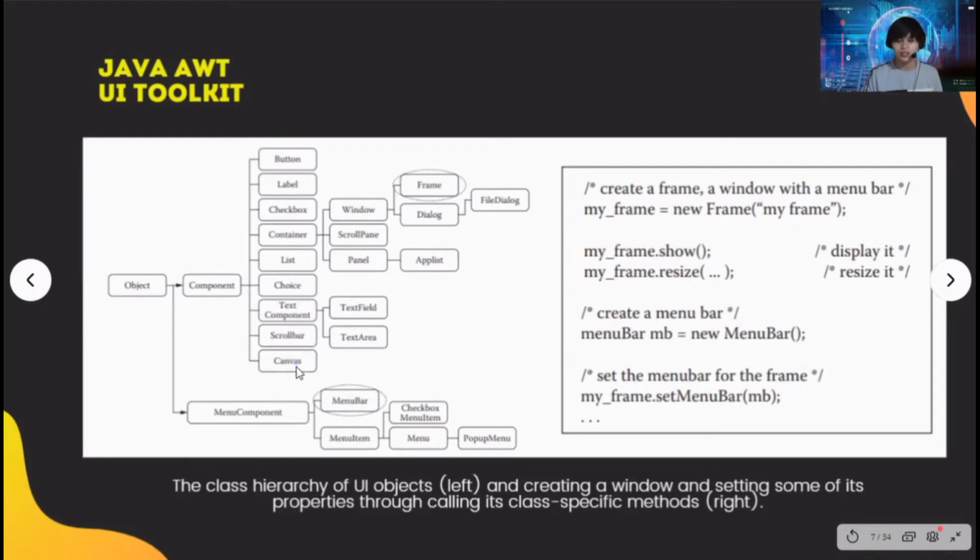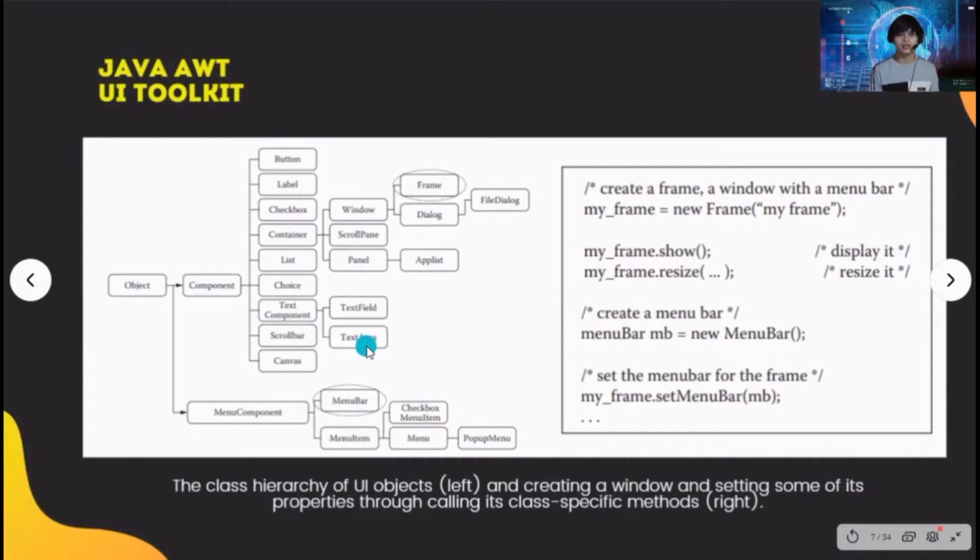Just imagine that the component has these different components. A container includes window, scroll pane, and panel. A window has frame and dialog, and a dialog has file dialog. A panel has applet. The text component has text field and text area.